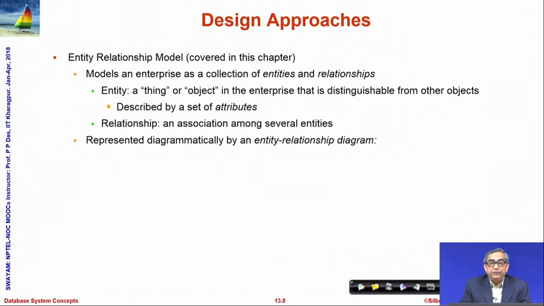Every entity, for the purpose of distinction, is described by a set of attributes or properties, and these entities will have relations between them. For example, you can say that a course will be attended by students, students will be advised by instructors.